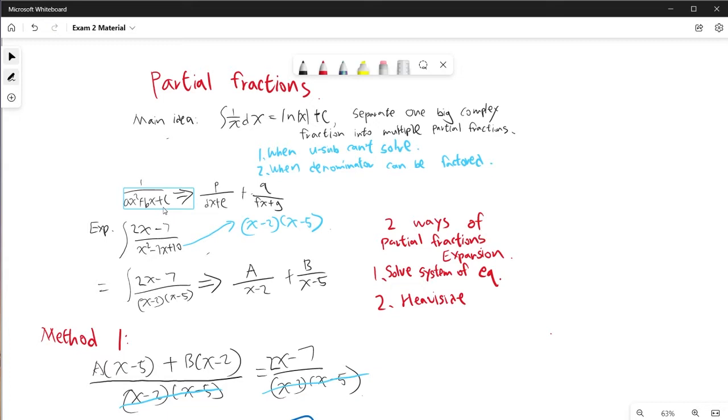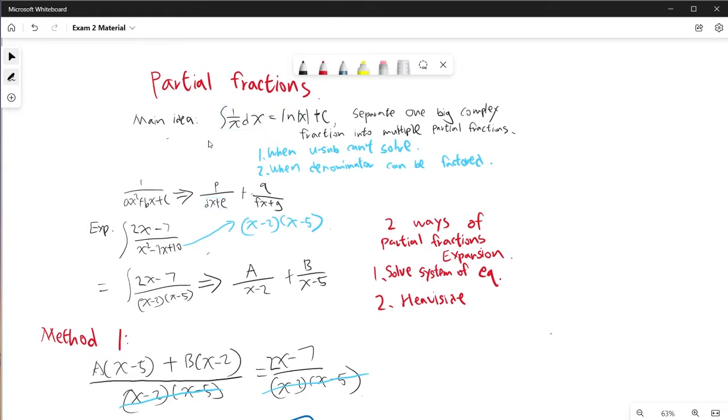There's not really an identity or integral that can easily deal with that. But if we are able to factor it, so that on the right-hand side we have x plus something in the first power, then you can use u-sub and it will just be ln x of something, right?